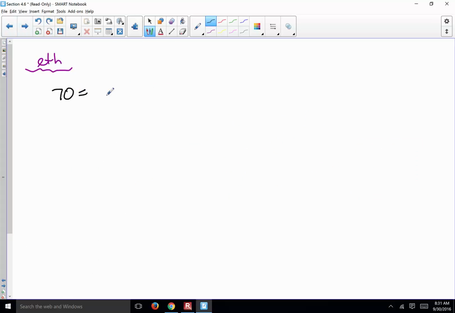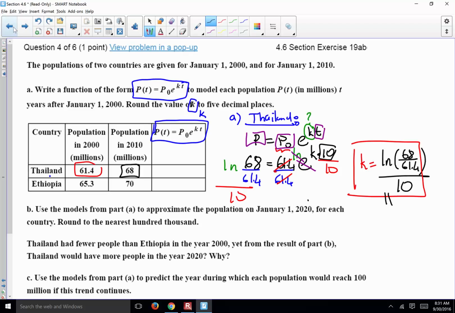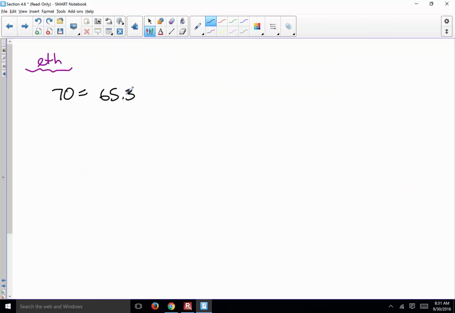What is initial? 65.3. Right? e to the k over 10 years. And I know k will be, divide these two numbers first and take ln of them: 70 over 65.3, and divide by the number next to k.